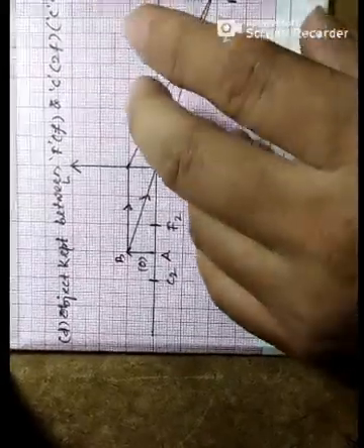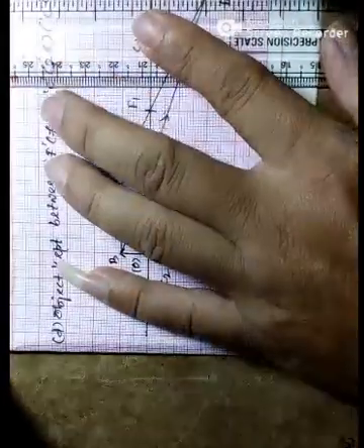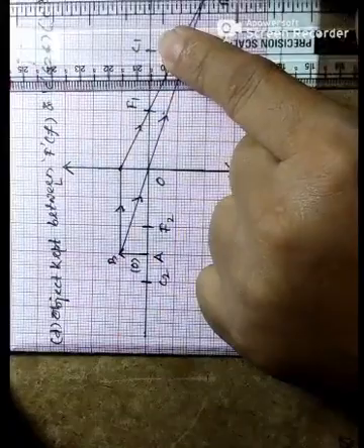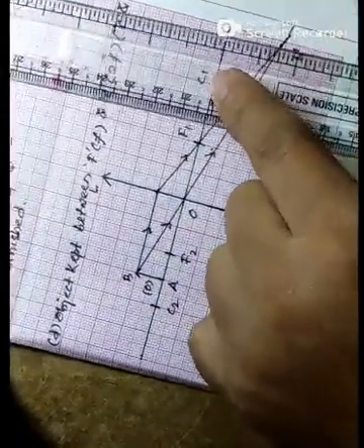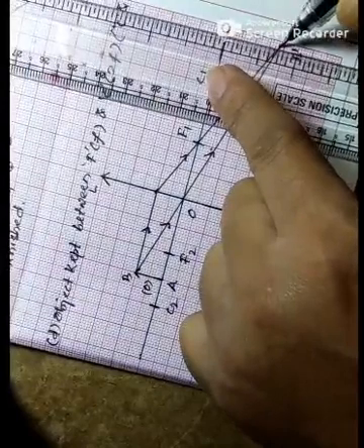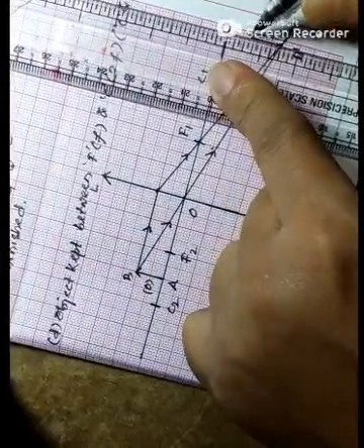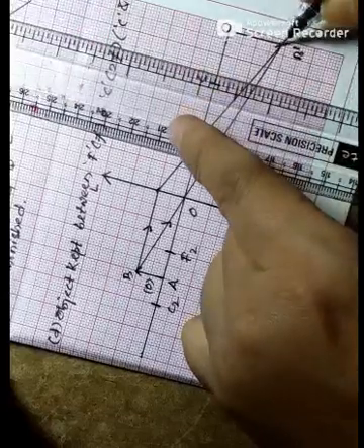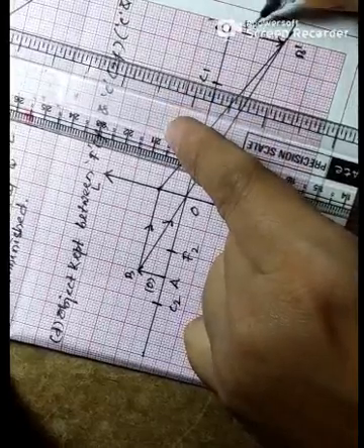From there, you have to draw the foot of perpendicular on the principal axis. Okay, so draw it. So this is our A dash, so this is our image.